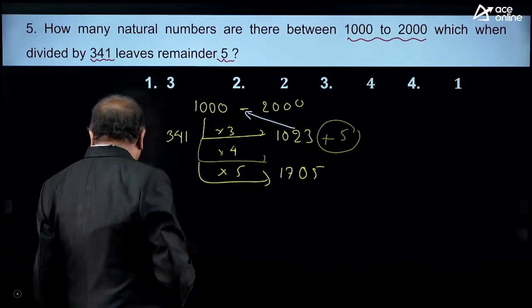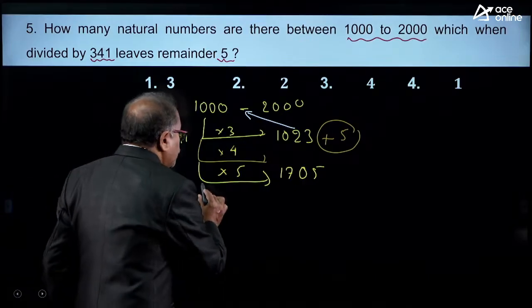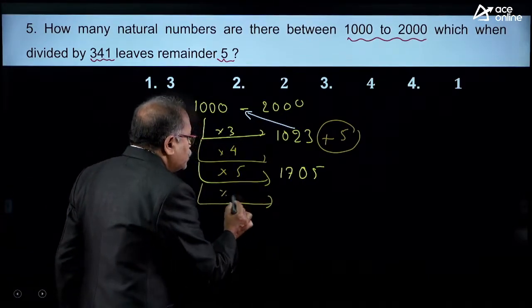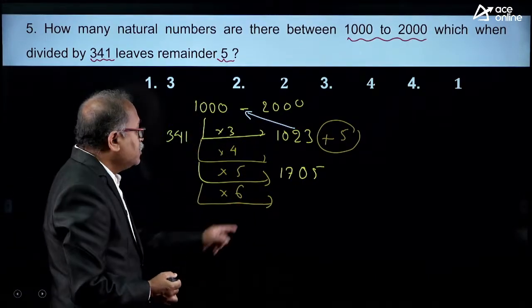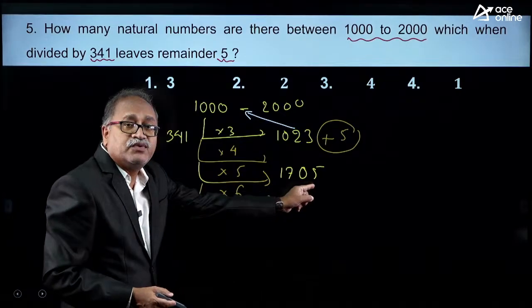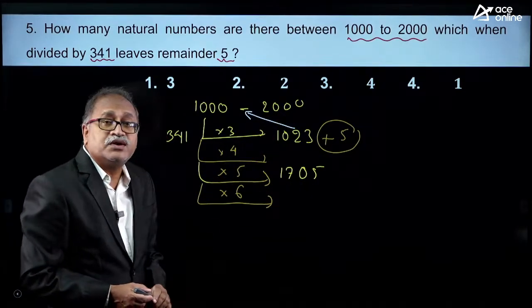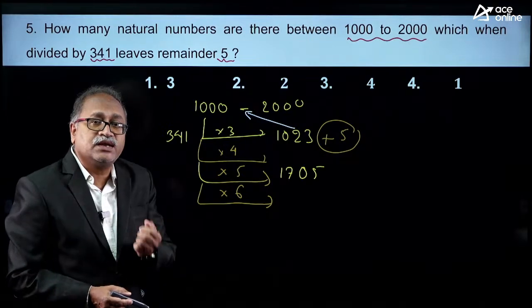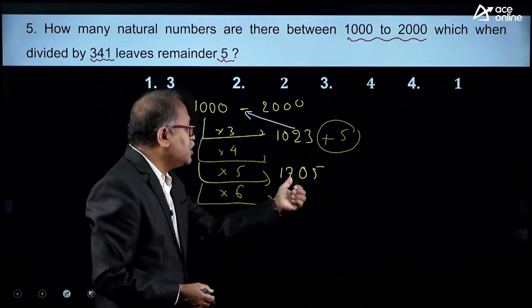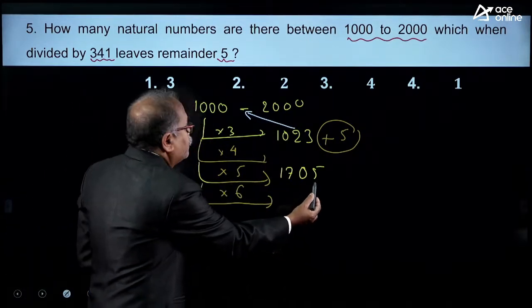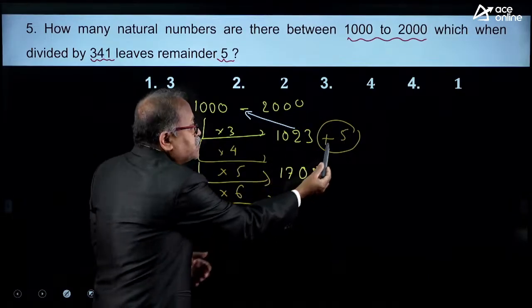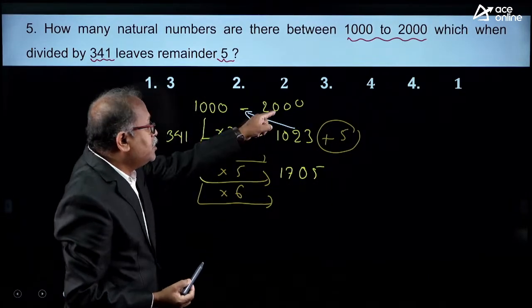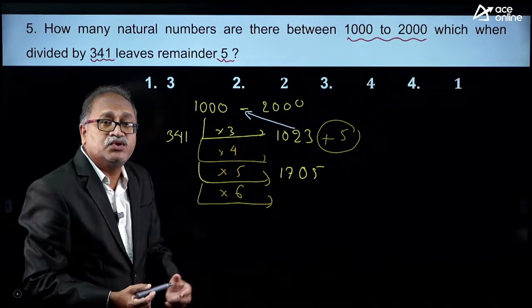And shall I check for times 6? I will not check for times 6. Why? If you add the 341 over here, you are crossing 2000, is it not? By observation, I can identify that when you add one more 341 and then the remainder 5, you will exceed 2000.